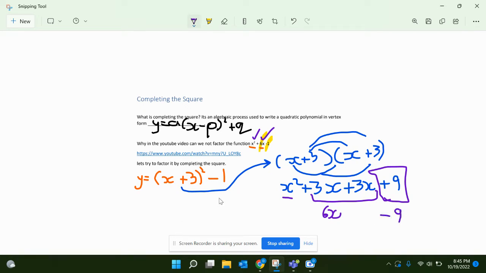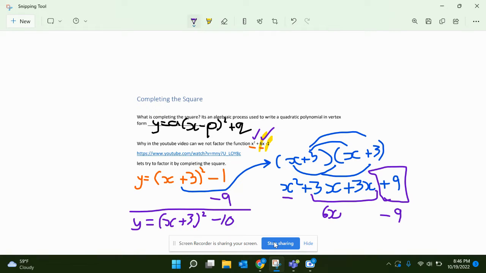Okay. So what I'm going to do is I'm going to minus 9 here. And what I'm going to get is y equaling (x plus 3) squared minus 10.